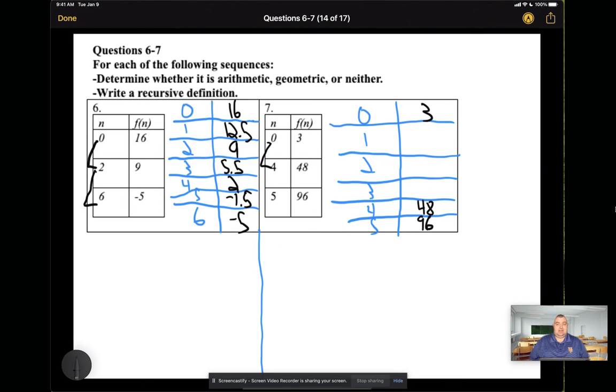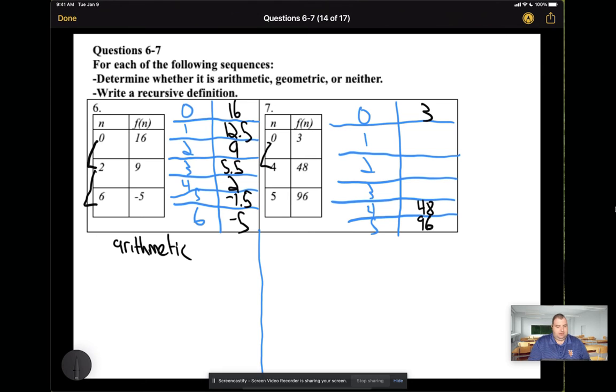If I'm correct, then -1.5 minus 3.5 should be -5. And it is. So it's pretty clear that my pattern is to subtract 3.5 each time. That's an arithmetic sequence. So number 6 is an arithmetic sequence because I'm subtracting 3.5 each time.